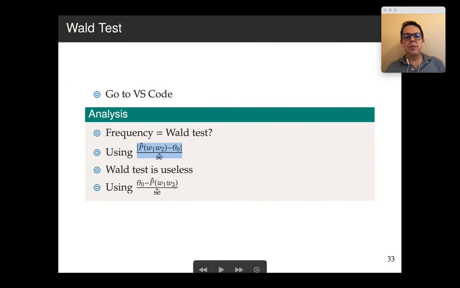Let me try to go into the math. This is the probability of the tokens being independent, that is, the probability of word 1 multiplied by the probability of word 2. This is what is computing this part, and this is the probability estimated from the two words together.